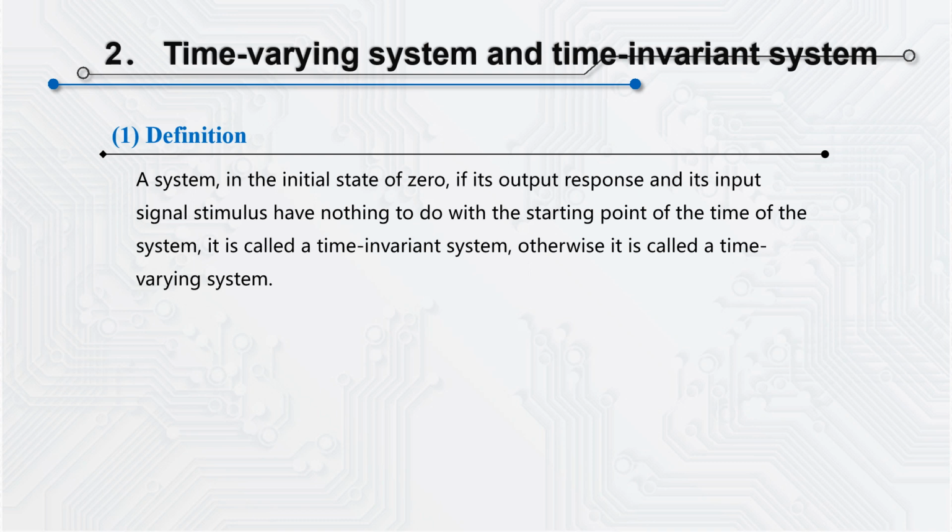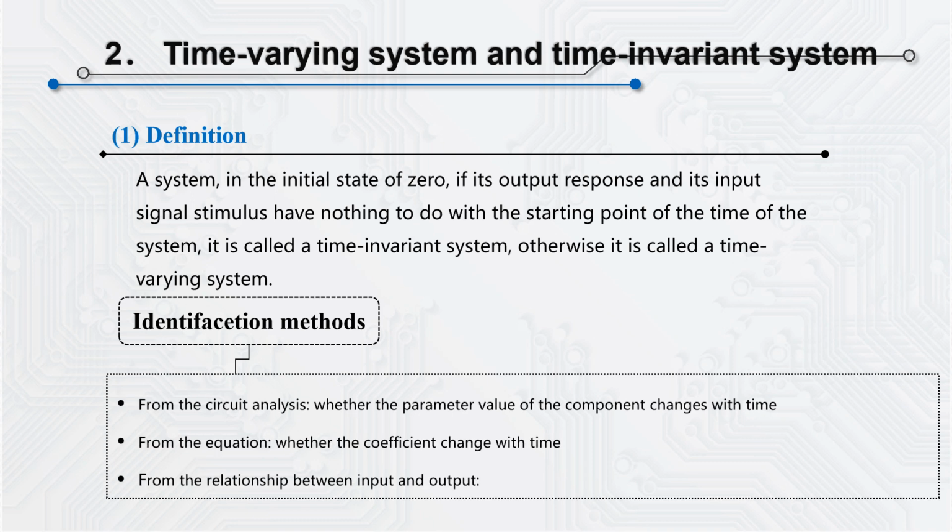Otherwise, it is called a time-varying system. That is to say, for a time-invariant system, its output response does not change with the time when its input signal enters the system. Well, how to differentiate time-varying system from time-invariant system?